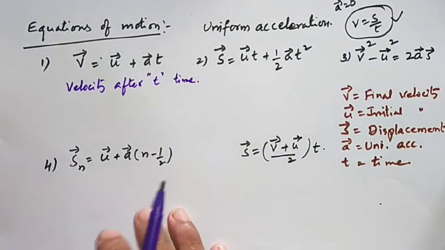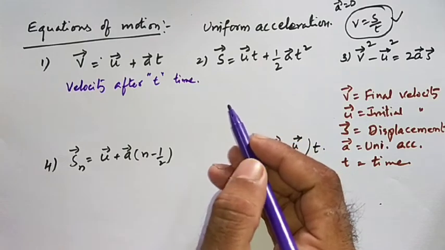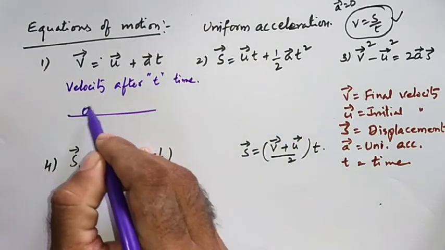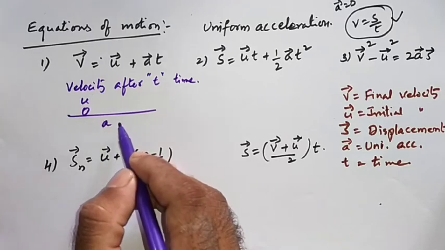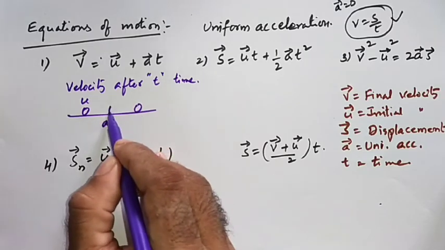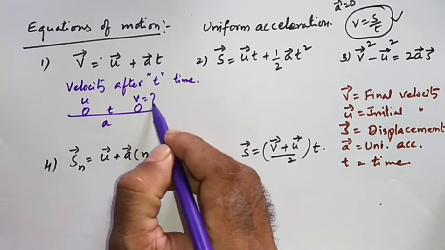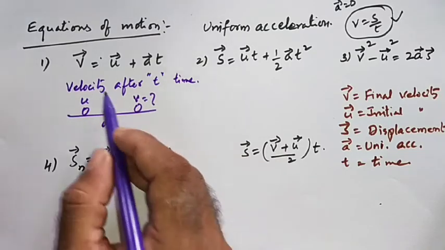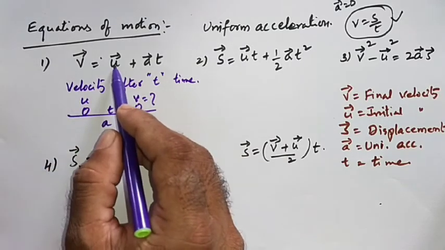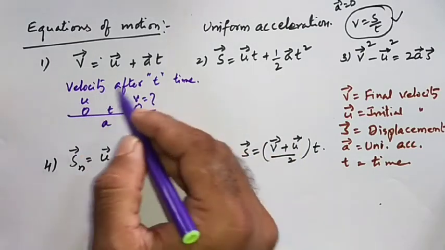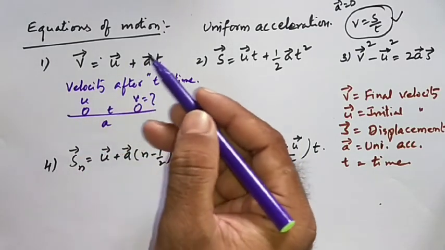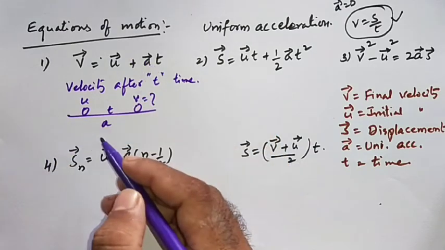For example, an object is moving with initial velocity u and its uniform acceleration is a. After time t, what is the velocity? Then I use v is equal to u plus a into t. You can use it for both accelerated motion and retardation.